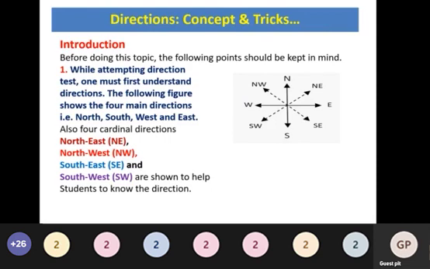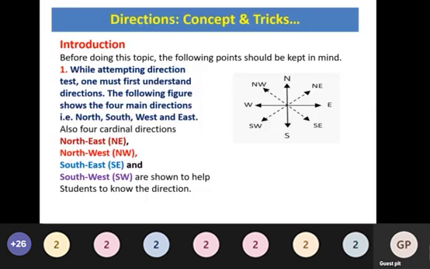In addition to that, there are also 4 cardinal directions: northeast, between north and east; northwest, between north and west; southeast, between south and east; and southwest, between south and west, shown to help students know the directions.